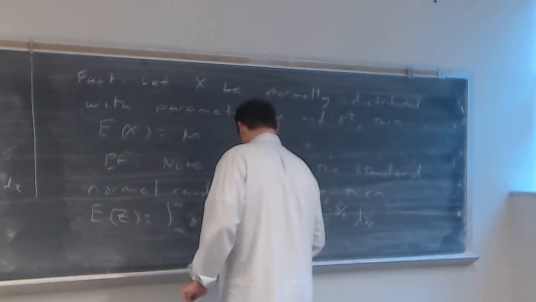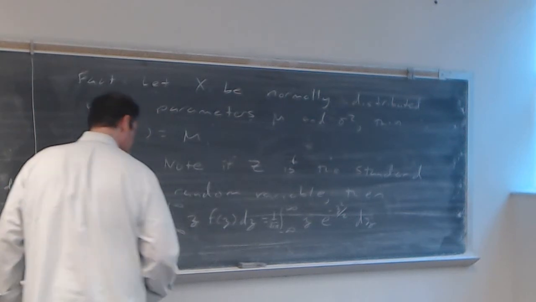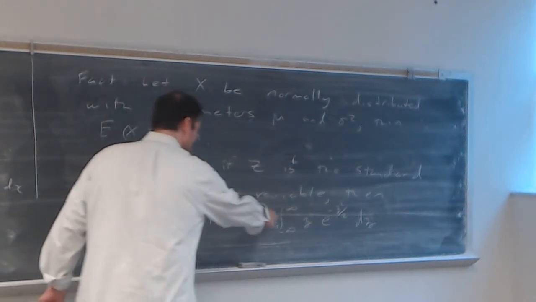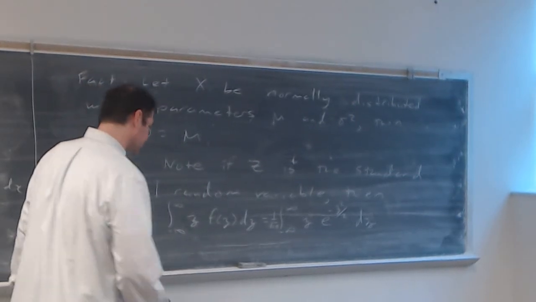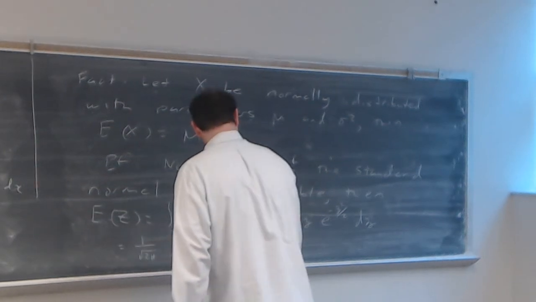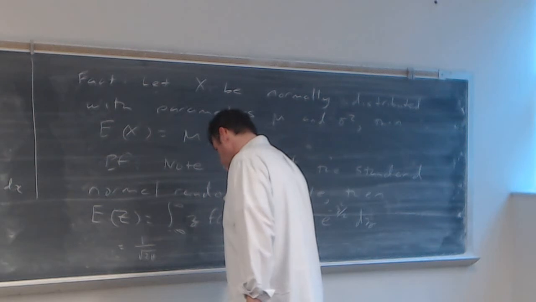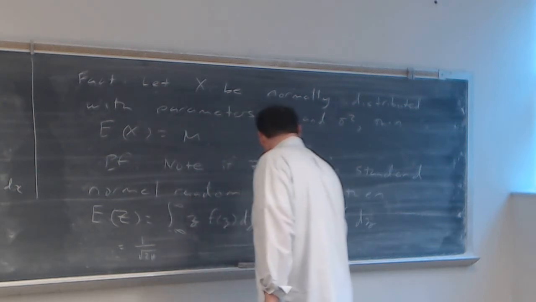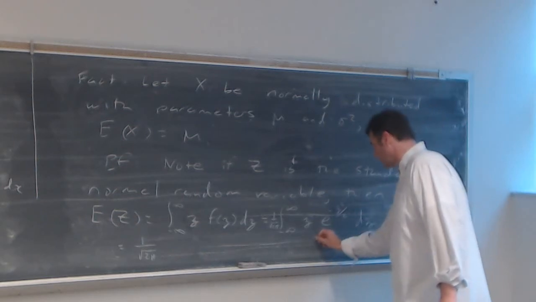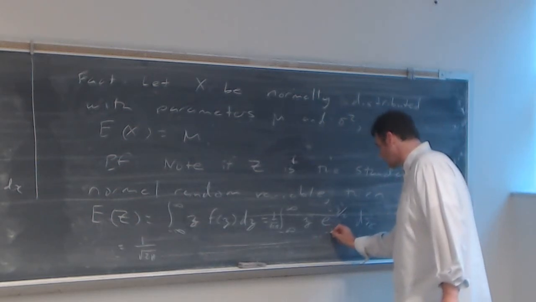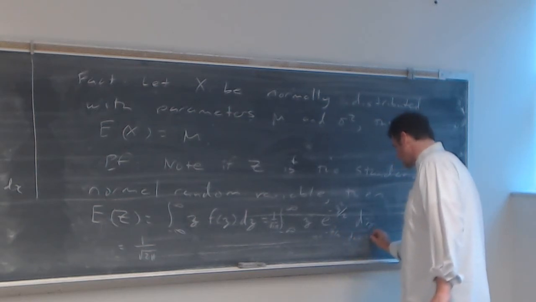We'll integrate this directly. So this is 1 over the square root of 2 pi. Remember, this is really an improper integral, but I'm going to handle it informally without limits. This can be integrated where you think of u being equal to minus z squared over 2, and thus du is equal to minus z dz.